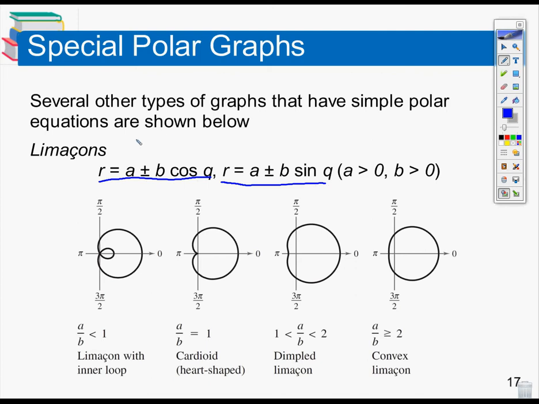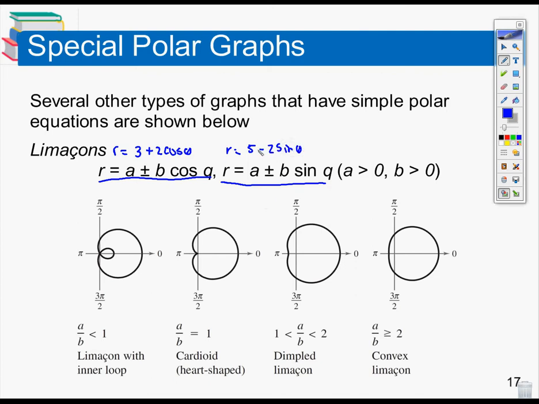So this could be, for example, r equals 3 plus 2 cosine of theta. Or we could have the same type of idea but with sine in it. So this one could say r equals, I don't know, 5 minus 2 sine of theta.